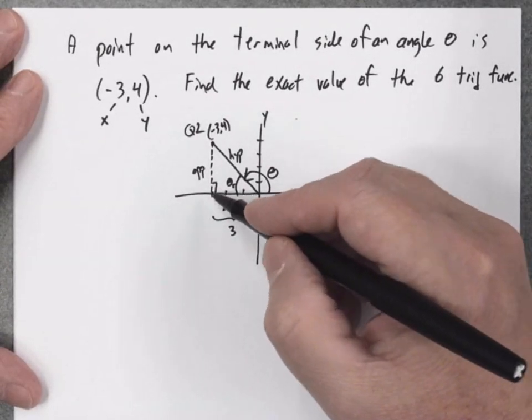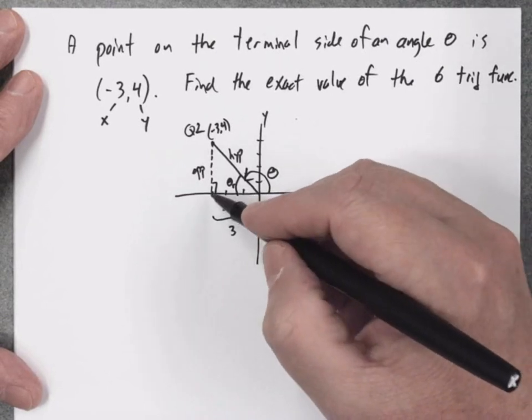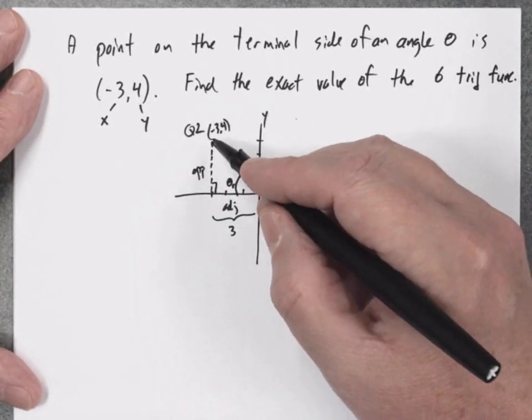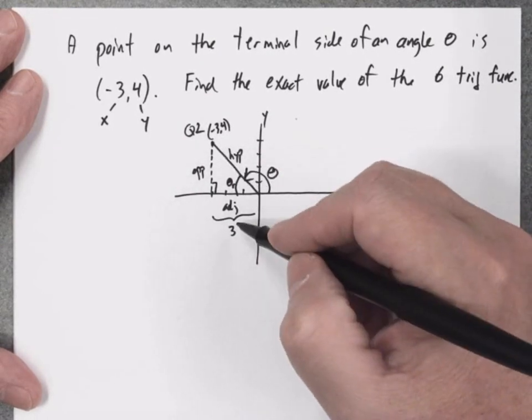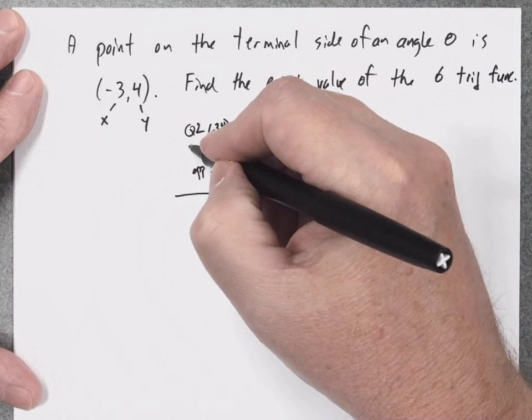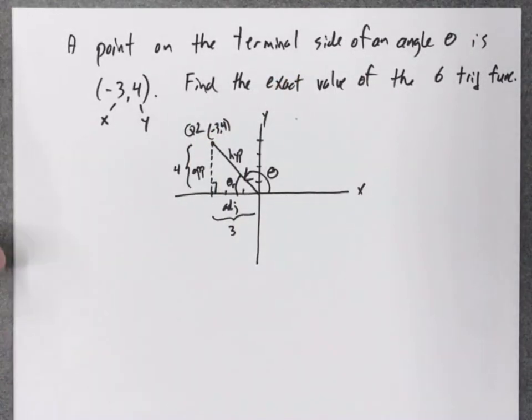Now I'm not worrying about, well, it's really -3. No, I just want to know the distance. I'm not worrying about positive and minus signs. I just have this triangle here. The adjacent side is a length of 3. The opposite side is a length of 4.